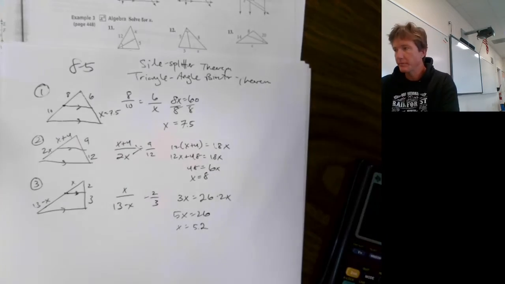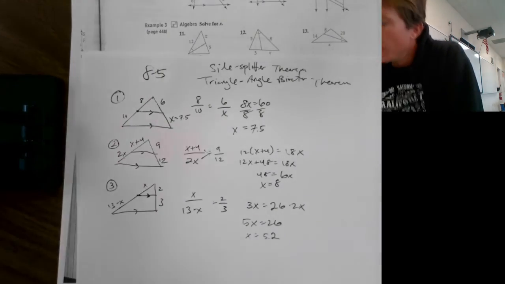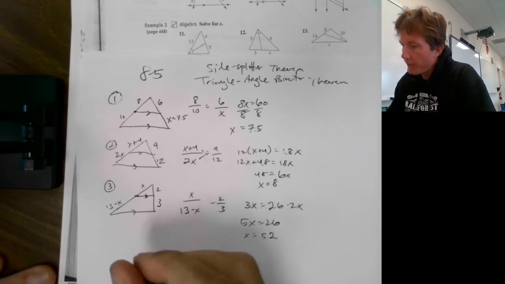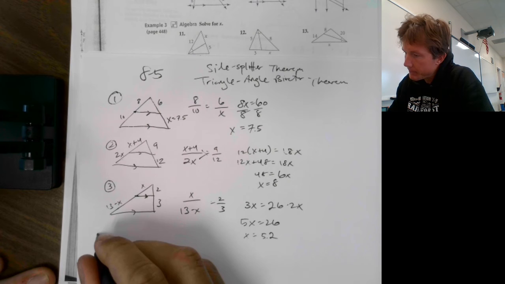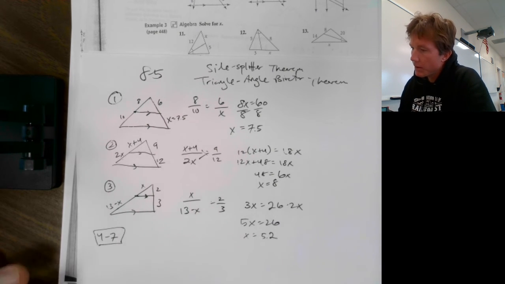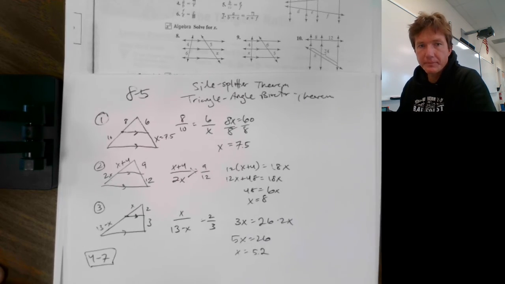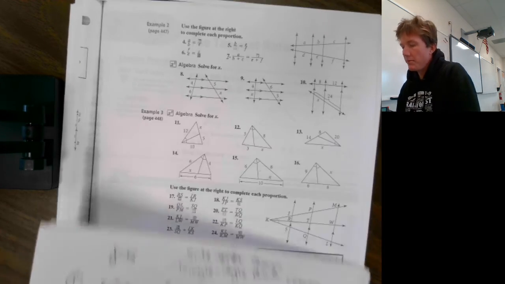Alright, so let me zoom back here a little bit. Numbers 4 through 7. Okay, so these work very much the same as the Side-Splitter Theorem. Let me bend this page.